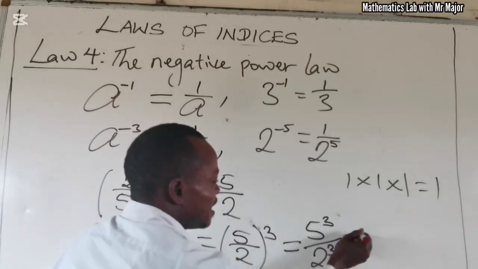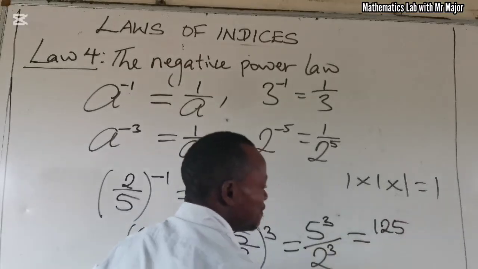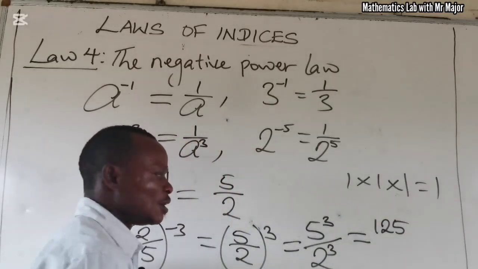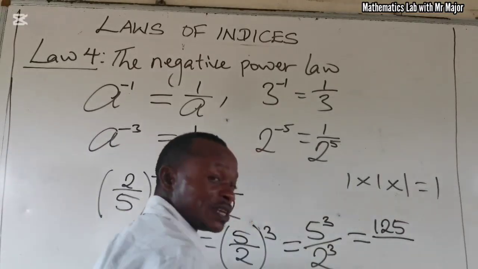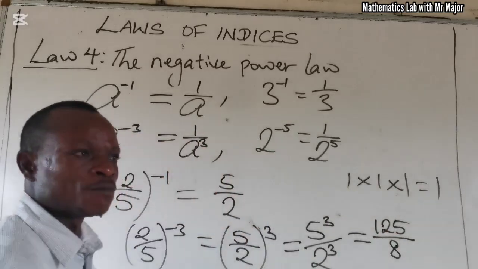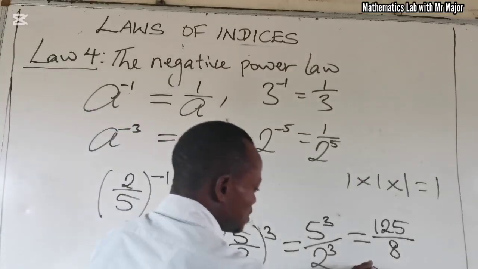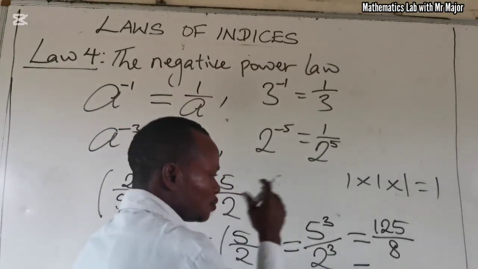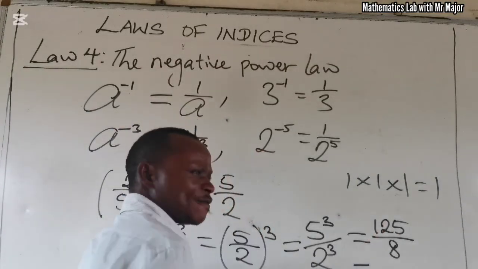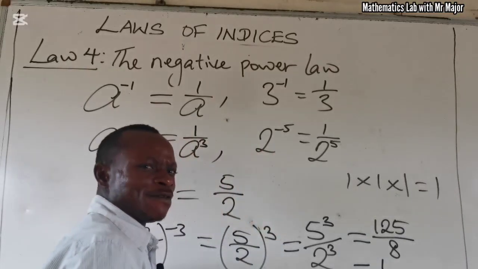So that means our final answer here, 5 raised to power 3 is 125, 5 times 5 times 5. While 2 raised to power 3, which is 2 times 2 times 2, is 8. And of course, you can change this to a mixed fraction. If we change this to a mixed fraction, 8 divided by 12 is going to give us 1, and we'll have a remainder of 4.